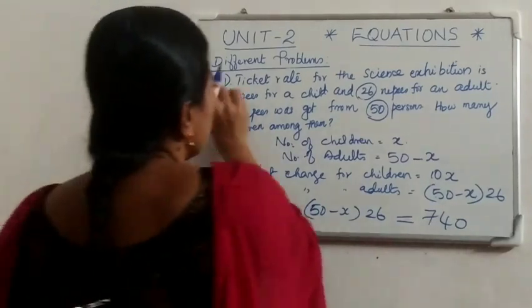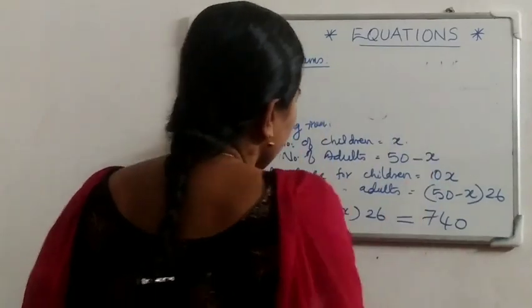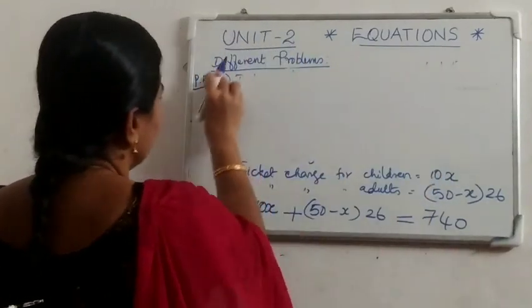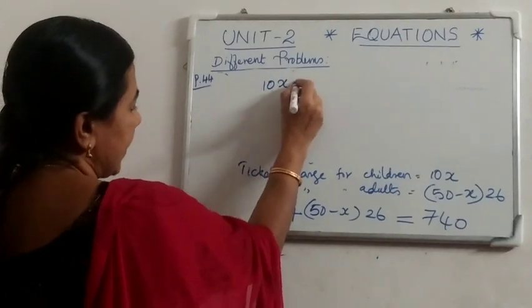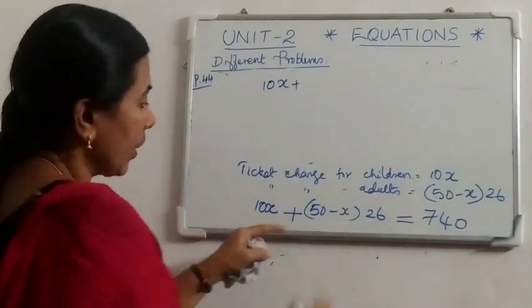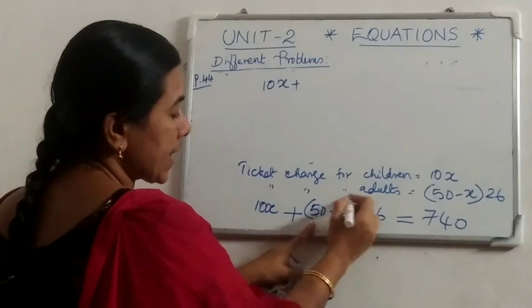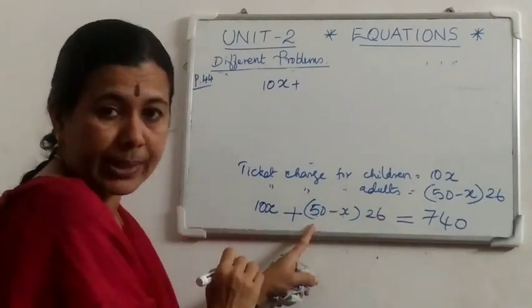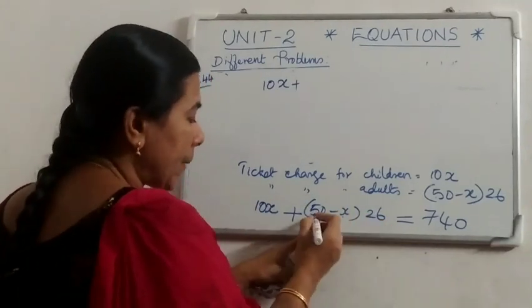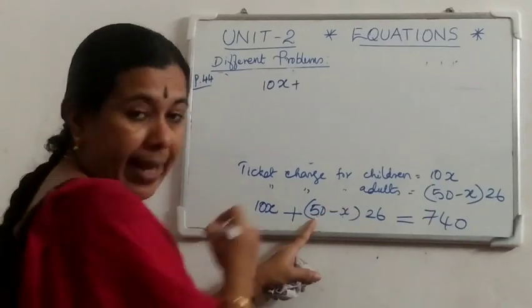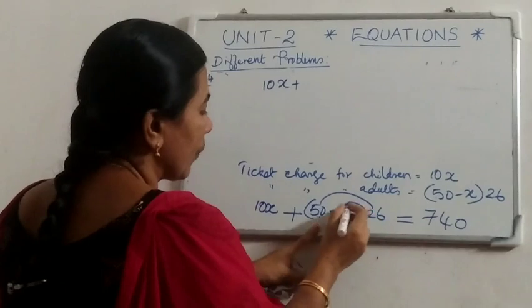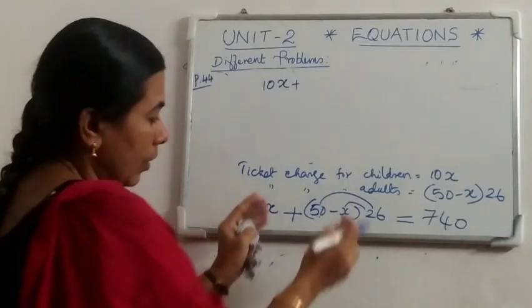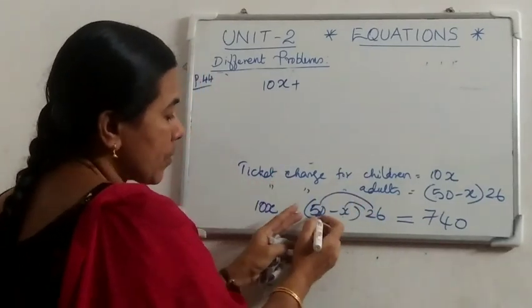Okay, then simplifying. 10x is there. What we want to do with 50 minus x multiplied by 26? 26 is multiplied with not only 50 but x also. In the bracket there are two terms, 50 and x.